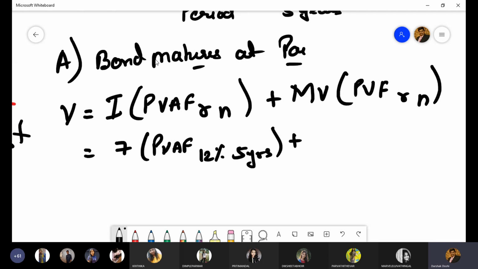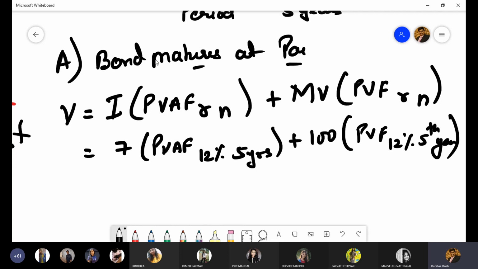Now we are maturing at par. So 100 rupees face value, present value factor at 12% for 5th year. Can you find out present value factor and present value annuity factor? Let me see.